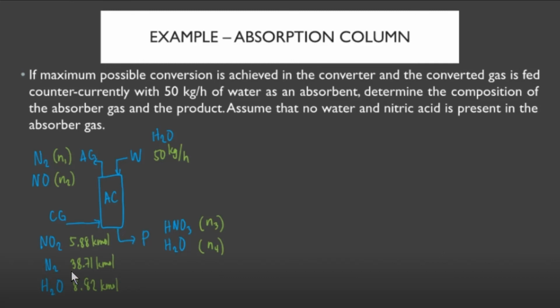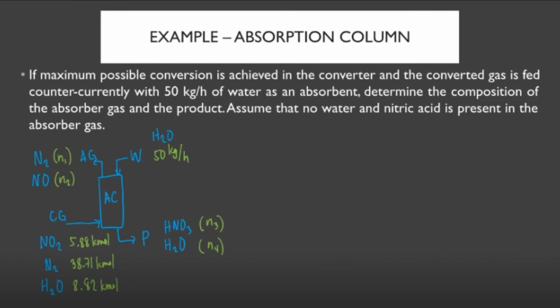So we can say that if there is 38.71 kilomoles of nitrogen gas in the converter gas, there is also 38.71 kilomoles of that in the absorber gas. That is especially true because nitrogen is just very sparingly soluble in water, so its absorption can be considered as negligible. The second component in our absorber gas is nitrogen monoxide. Where does this come from? This comes from the absorption reaction.